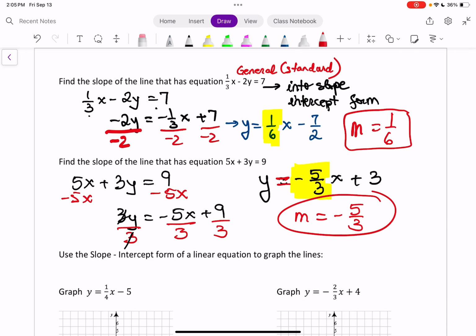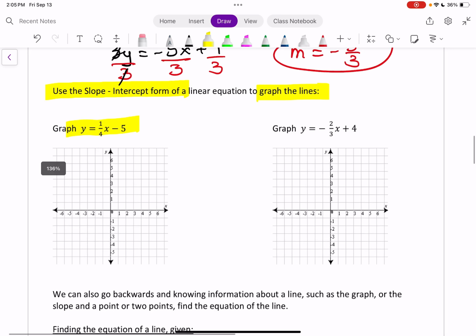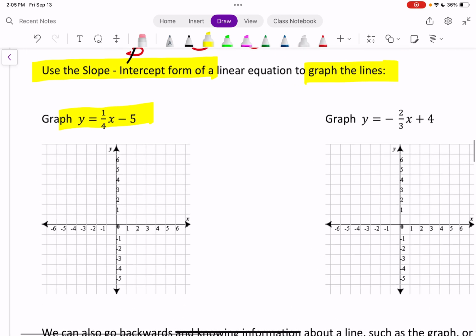In fact, it's really easy when we think about the slope-intercept form of a line to graph that line. So let's play some more with the slope-intercept form. So here it is. Let me match it up for you. So when you think about this, the m is 1/4.